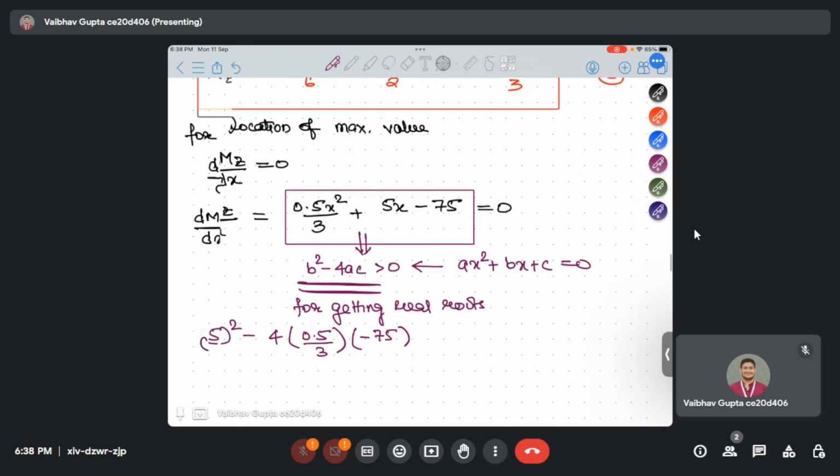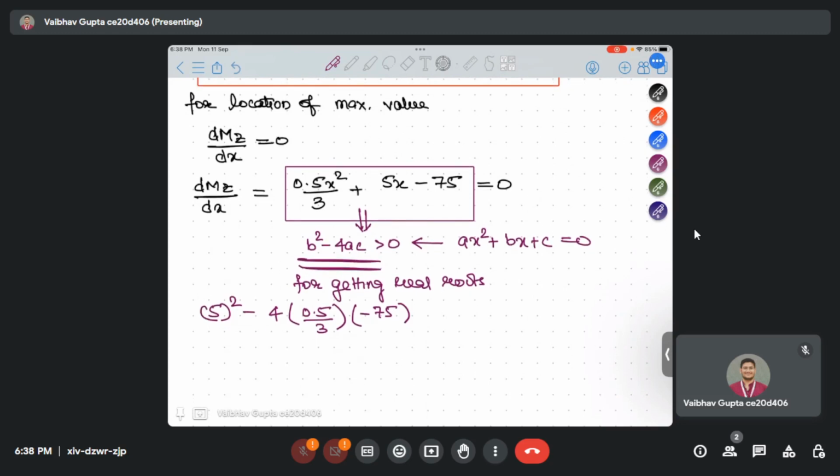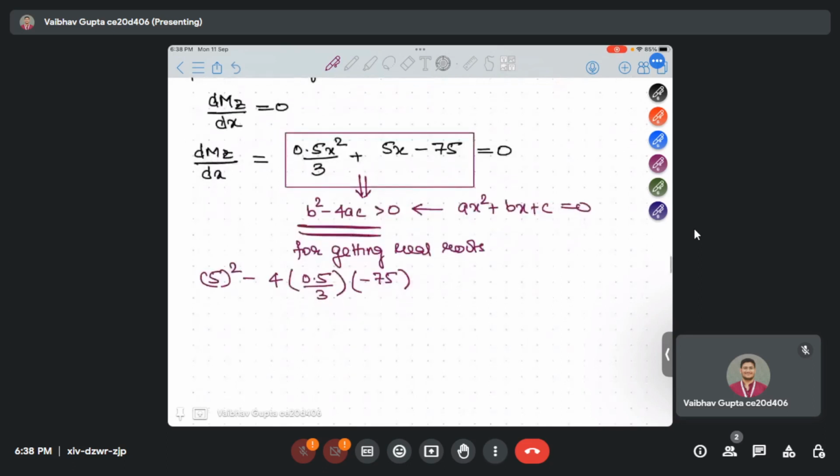So what you will get is 25 plus 150 by 3, which is 75. So these are the real roots.